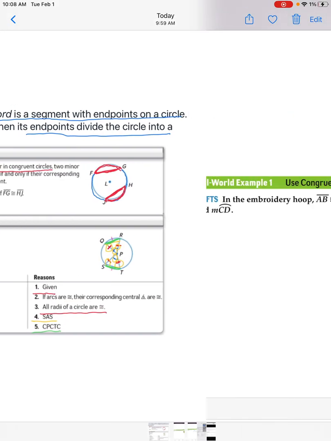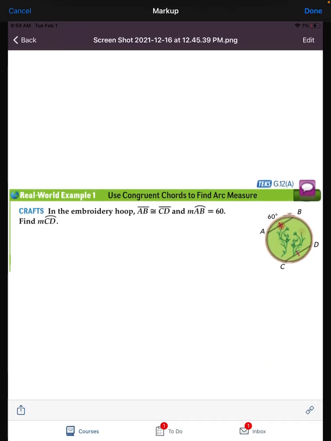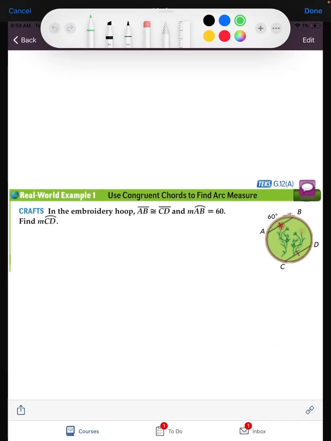Let's take a look at a couple examples here. This first one says in the embroidery hoop, AB equals CD, so our chords are equal. Right, this part equals this part. It tells us that AB, the arc length, is 60. Find CD.